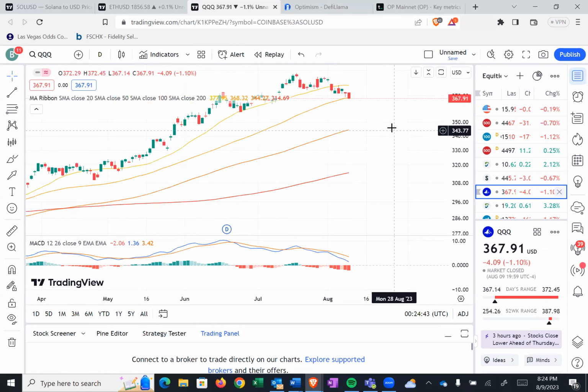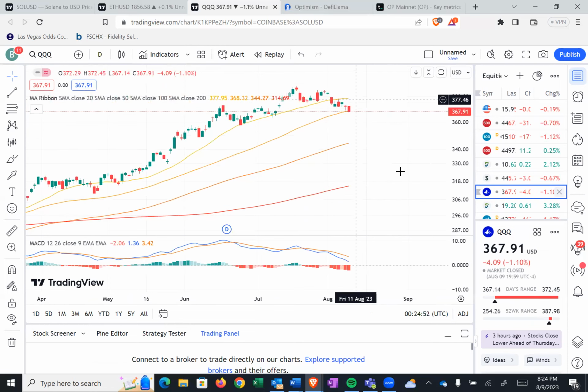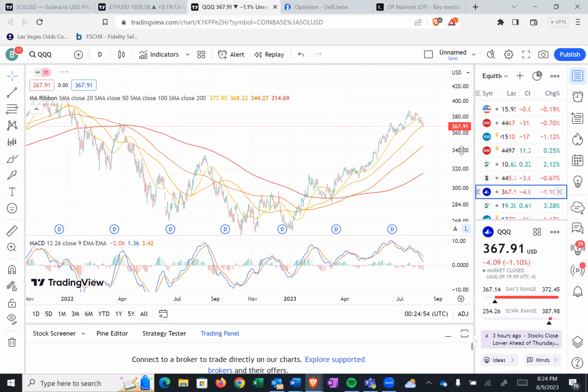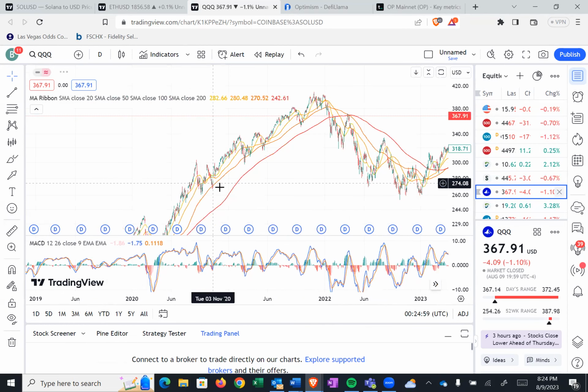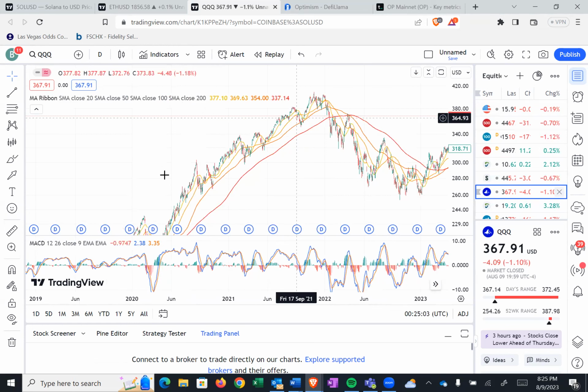And I think it's possible to print the 150 day, which would be probably around 350 by the time it hit that. But maybe not, maybe this is the 100-day test. We've had that in the past in bull markets. A lot of times you can see we hit the 150, 150, 150, 150.